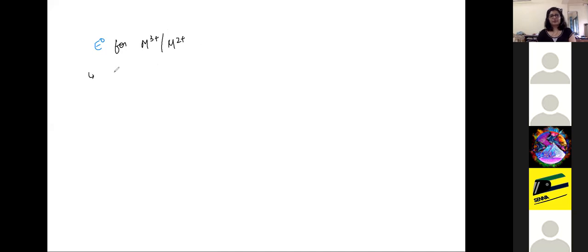So special points, if you consider scandium, Sc. Considering its electronic configuration, what would you predict the standard electrode potential for scandium would be? Is it going to be really low or really high?